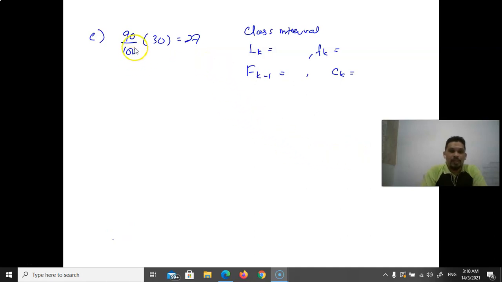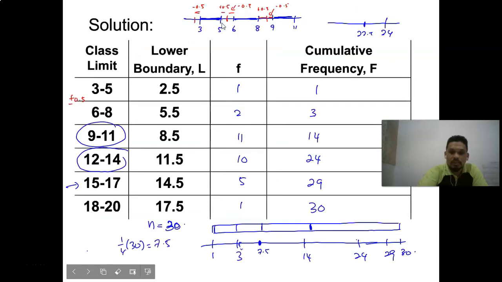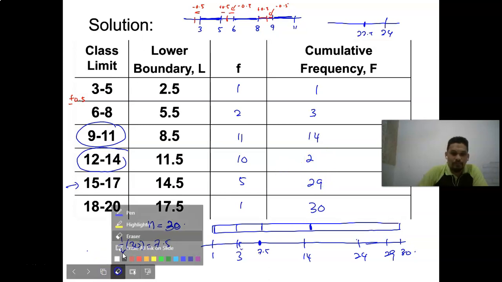So for the 90th percentile, 90 over 100 multiplied with 30 equal to 27. Okay, so 27 lies in between 24 up to 29.